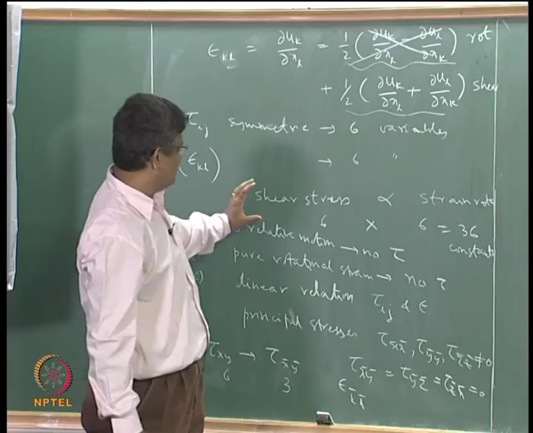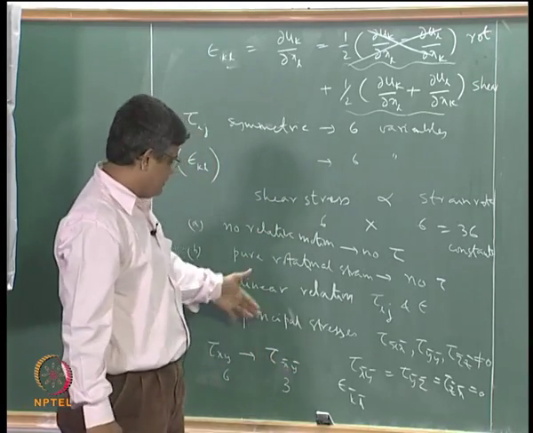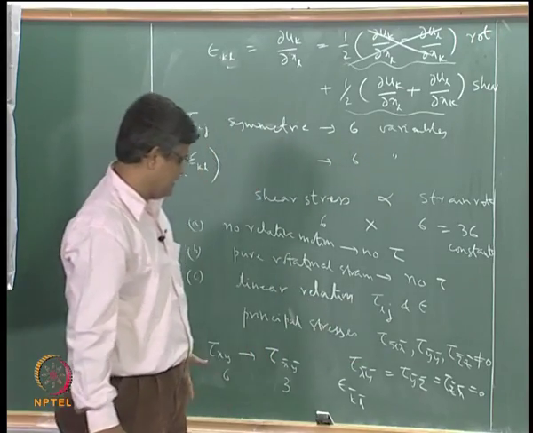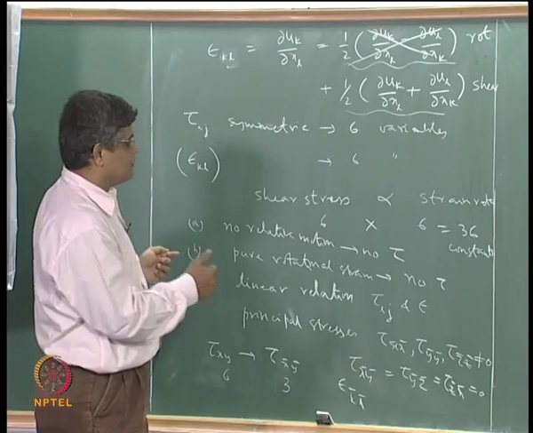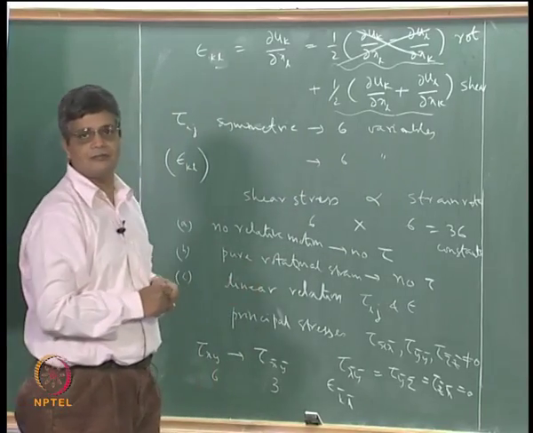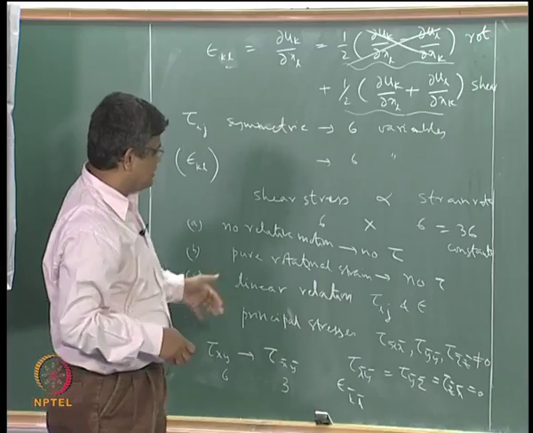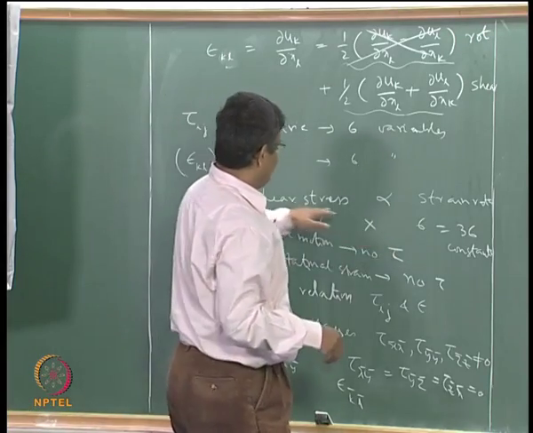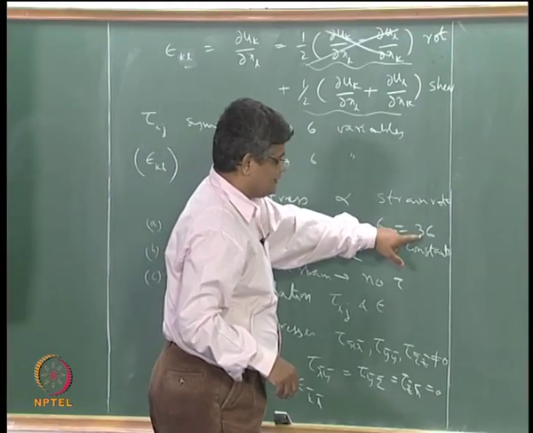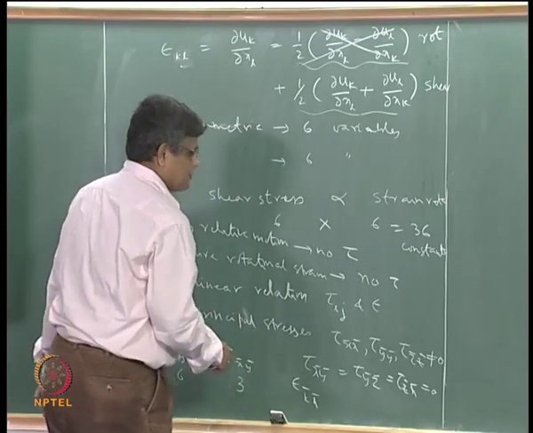If you rotate from x y z to x bar y bar z bar, then you can get into the principal coordinate frame here, and also for the shear rate, and this rotation would not affect the constants that are involved in the linear relation. That kind of mathematical invariance means that the relation between stress and strain rate involving 36 constants should actually have only 3 times 3, 9 constants.